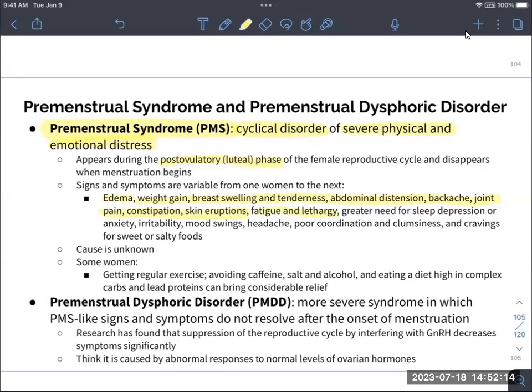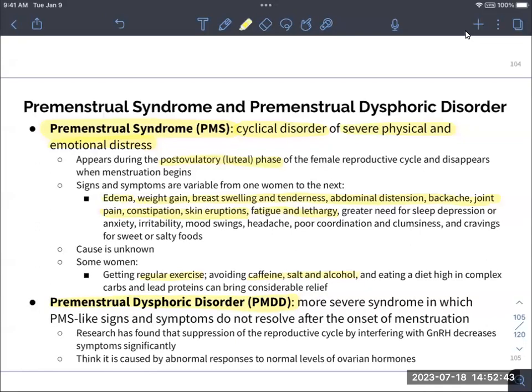We don't know what always causes it, but in some women, regular exercise can help if you avoid caffeine, salt, or alcohol. Eating diets high in complex carbs and more proteins can actually give some sort of relief. We have premenstrual dysphoric disorder, PMDD. This is a more severe version of PMS.